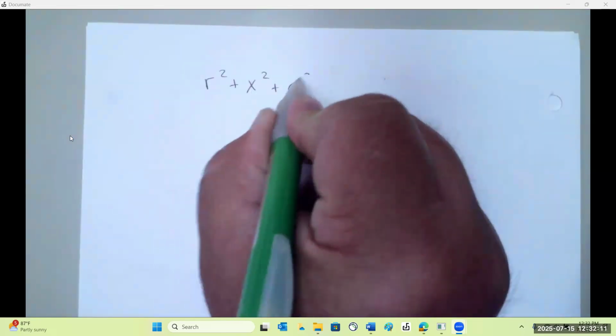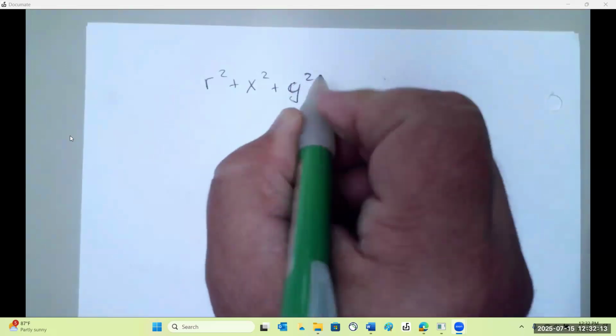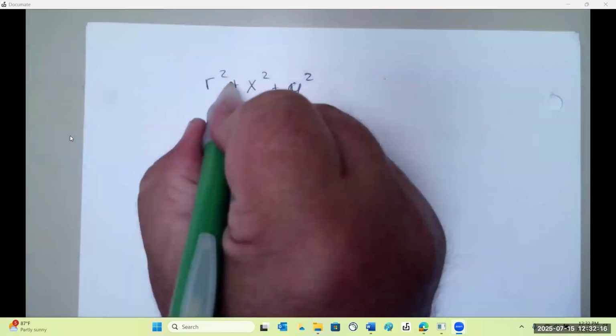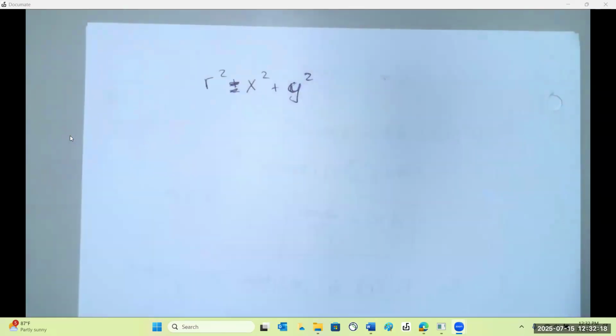What's the formula for a semicircle? What's the formula for a circle?